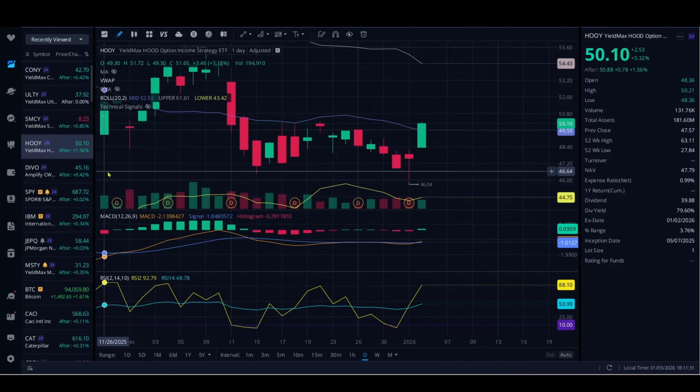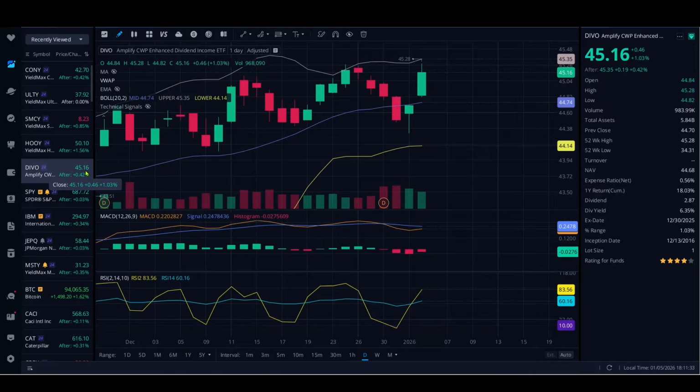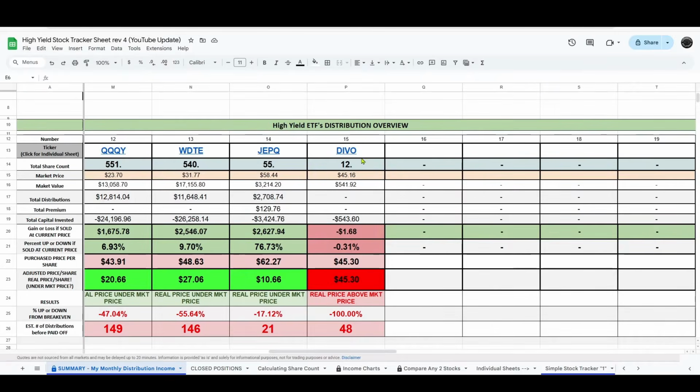And the last one here was DIVO. Now for DIVO, you can see we do have a red cell, and that means that my real price per share is above that market price. So therefore, since that market price is under my real price per share, if I were to buy, it will lower that real price per share. But is it the right time to buy?